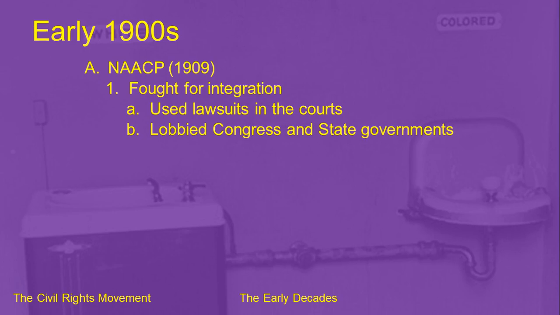They also lobbied Congress and state governments to enact laws that would be beneficial to African Americans and that would bring about integration. And so through the early 1900s, they were building up small victories in small court cases.